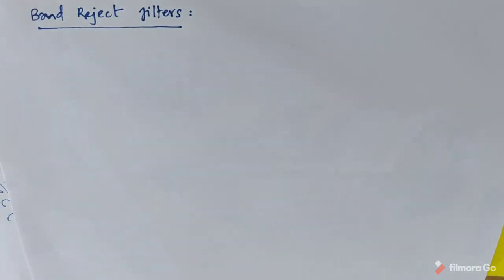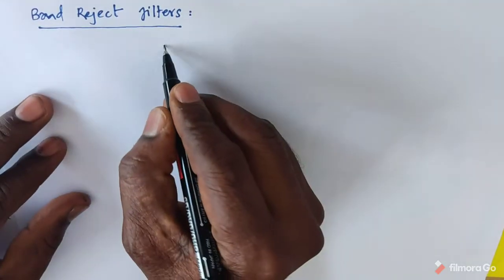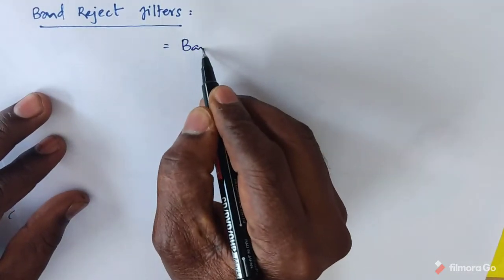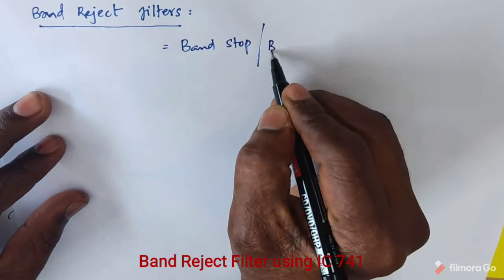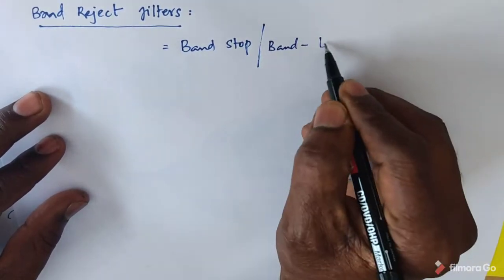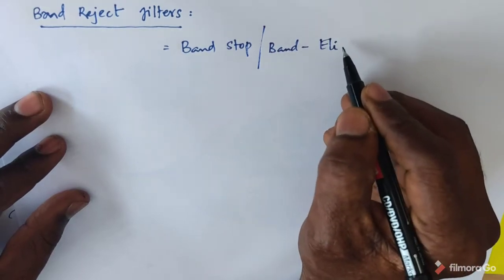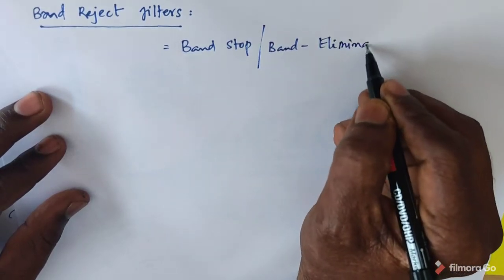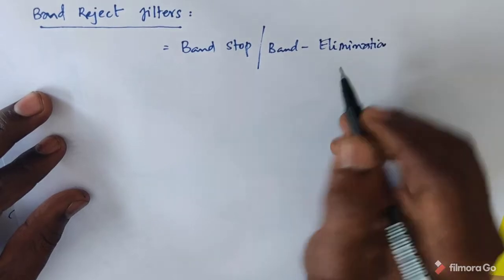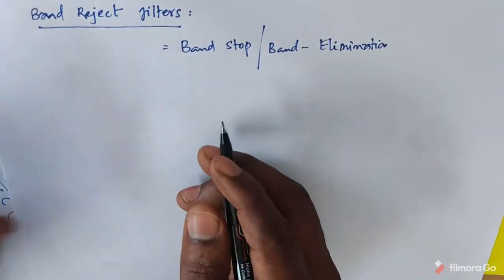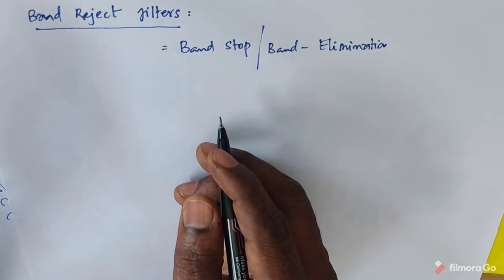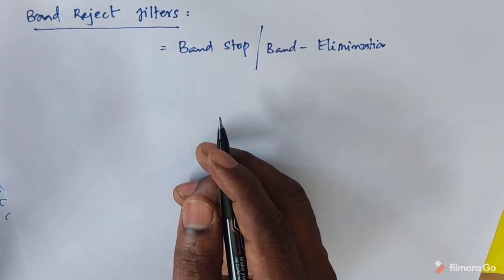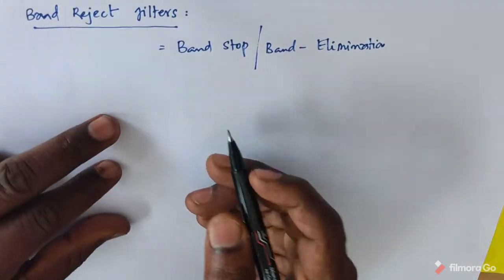Hi friends, today the topic is band reject filter. The band reject filter is also called a band stop filter or band elimination filter. In this filter, frequencies are attenuated in the stop band while they are passed outside this band.